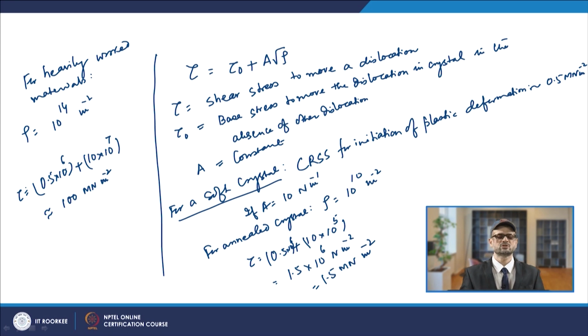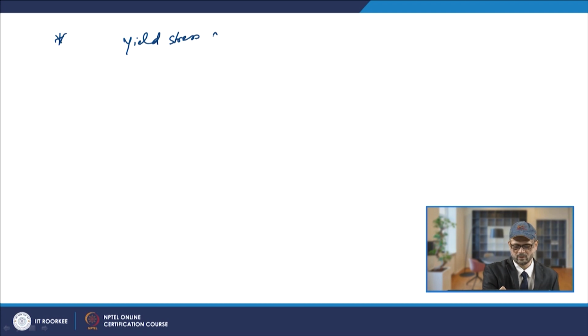So, suppose you may deal with some questions like this. We are talking about the yield stress of a crystal. Suppose the yield stress is 1 mega Newton per meter square for an annealed copper crystal.